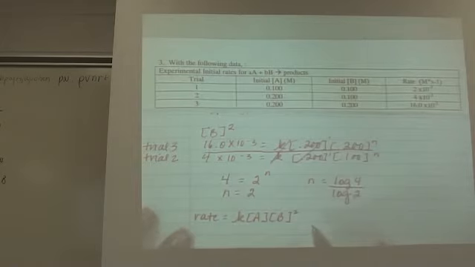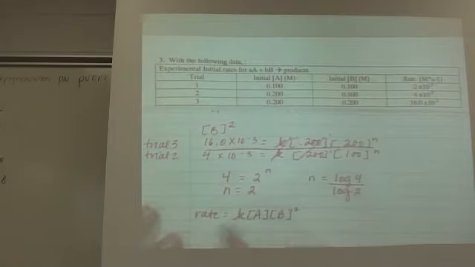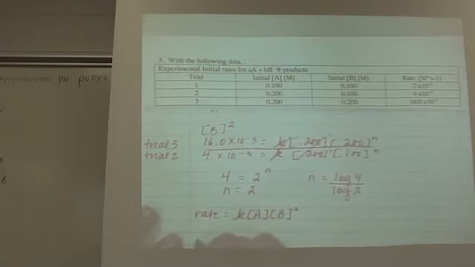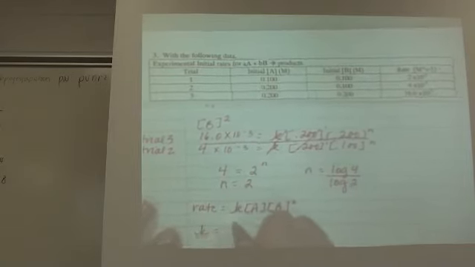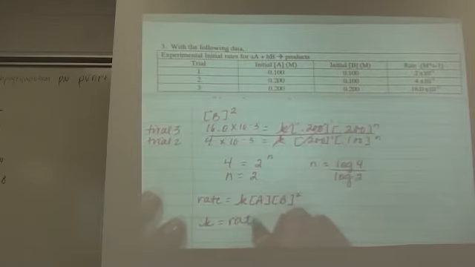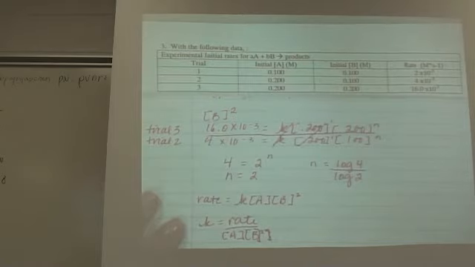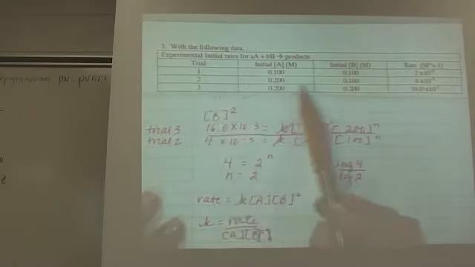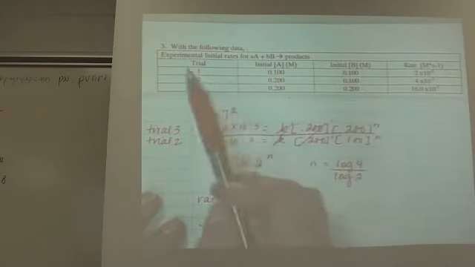Now, they want us to determine the value of the rate law constant. If I take the rate law and rearrange it to solve for k, k is equal to rate over the concentration of A raised to the first power times the concentration of B squared. Now I can take the values from any experiment that I would like and figure it out.